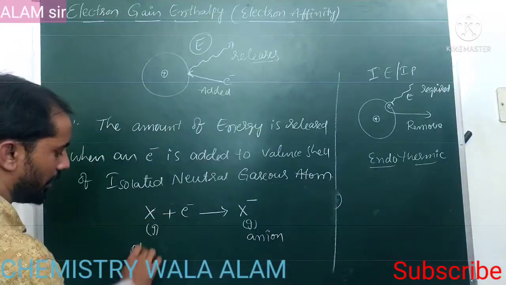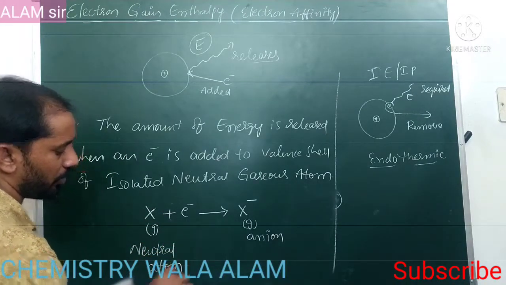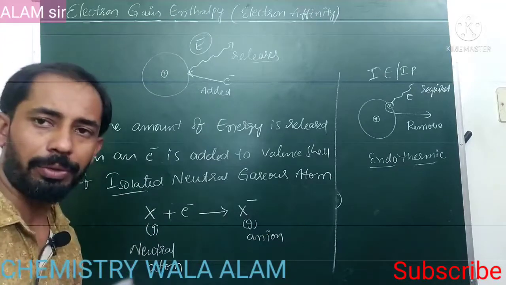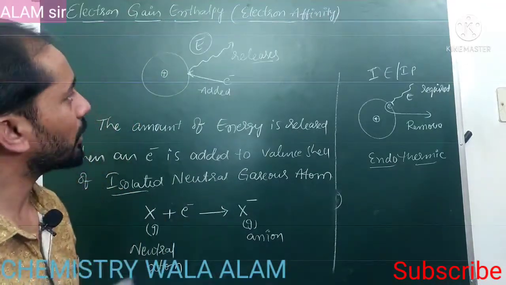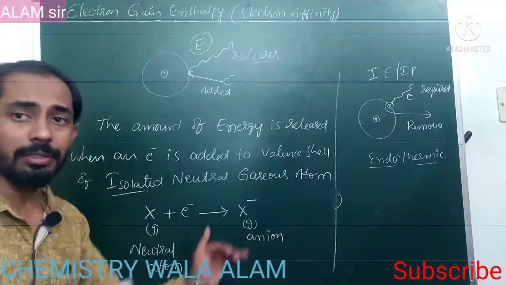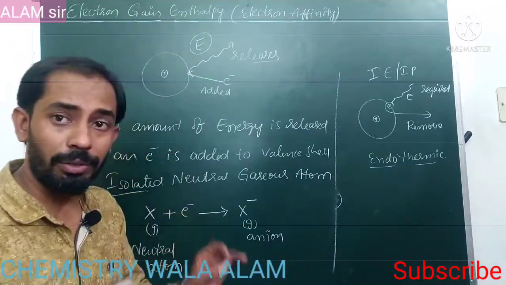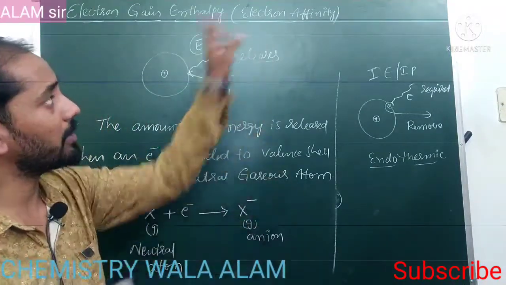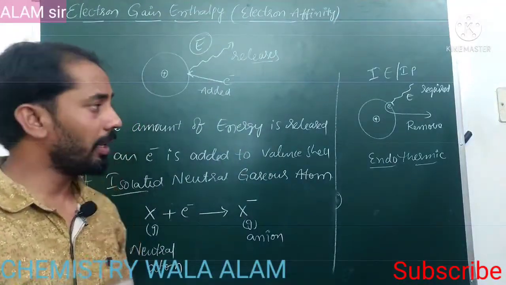Here X is the isolated neutral gaseous atom. Once again, the amount of energy released when an electron is added to the valence shell of an isolated neutral gaseous atom is termed electron affinity or electron gain enthalpy.